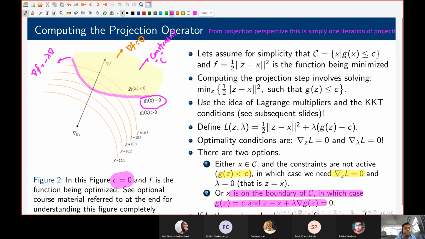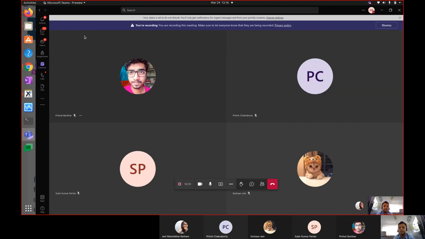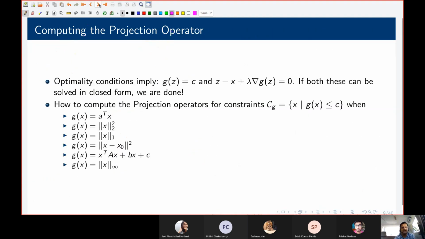This is the gradient of f at z. Please ask me questions if you have any here. That's the intuition.